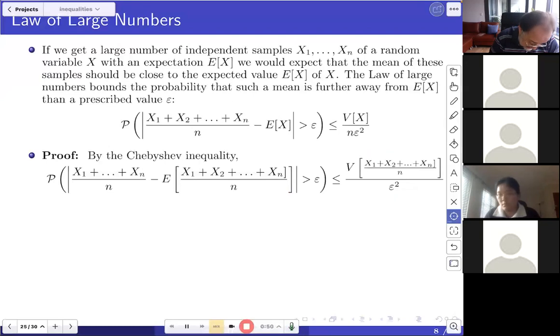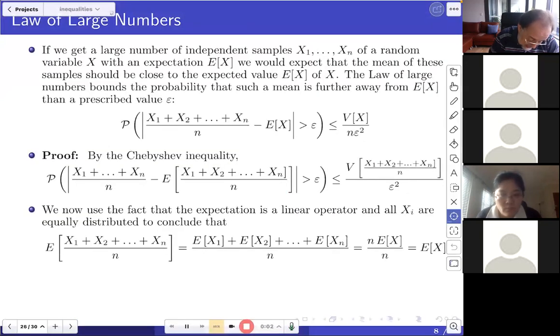Now, here, it's easy to see that the expectation of the mean is exactly the expectation of every instance of this random variable x, right? Because expectation is a linear operator, n can go outside, and E can get distributed through the sum. All of these have the same expected value, so you get n times E of x divided by n. This is E of x.